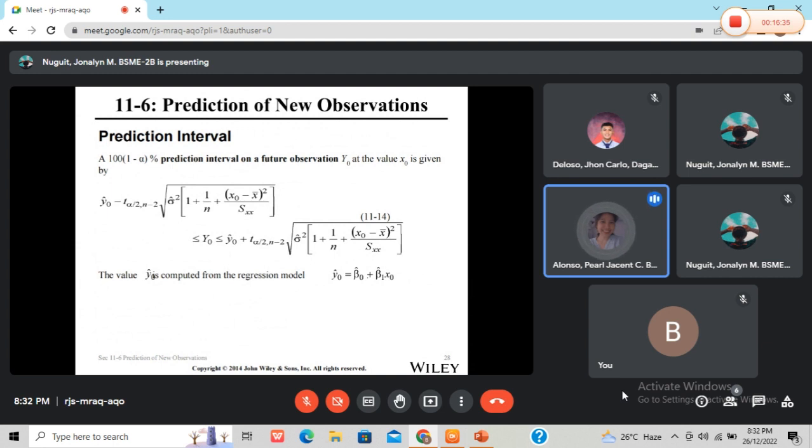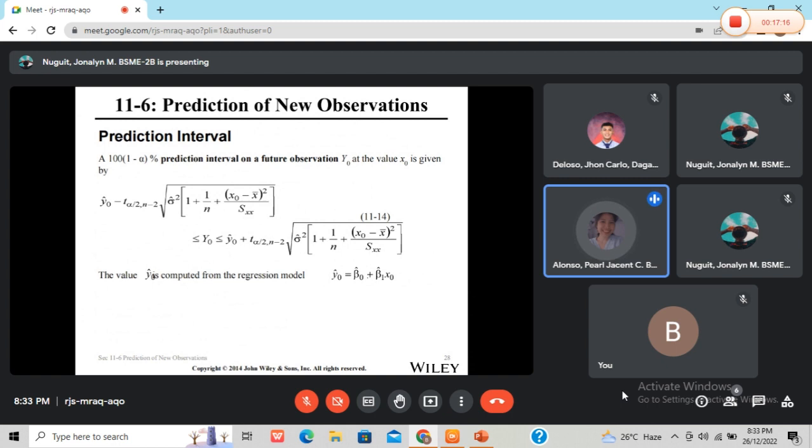A 100 multiplied by 1 minus alpha percent prediction interval on a future observation y sub 0 at the value of x sub 0 is given by y hat sub 0 minus t sub alpha over 2, where n minus 2, then multiplied by the square root of sigma squared multiplied by 1 over n plus x sub 0 minus the mean of the x values raised to the power of 2 over s sub xx, where y sub 0 is less than or equal to the given formula, which refers to equation 11-14.